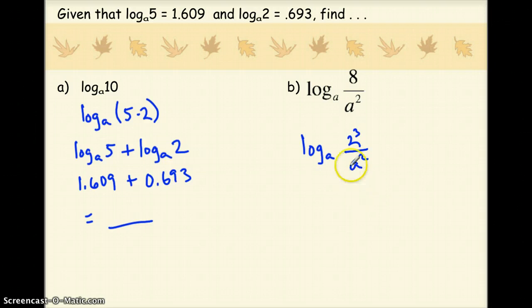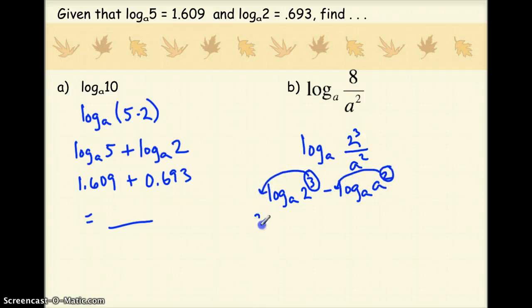And I've got division going on, so if I expand that, it would be log base a of 2 to the 3rd minus log base a of a squared. I could bring these exponents down in front. That might be helpful. So I would have 3 log base a of 2 minus 2 log base a of a.